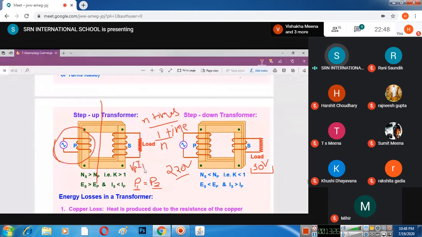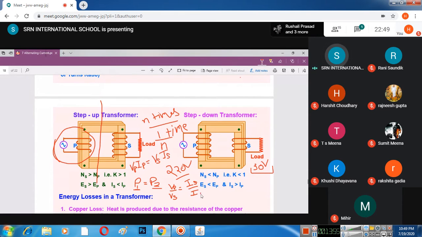This must be equal to the potential in the secondary and current in the secondary. So there is a ratio: Vp divided by Vs is equal to Is divided by Ip.